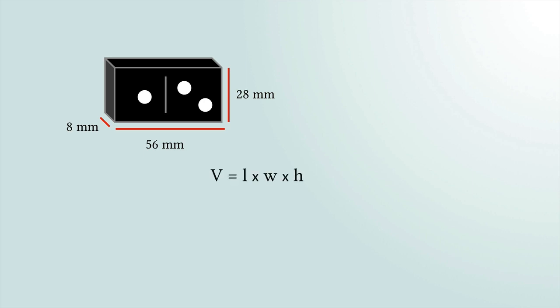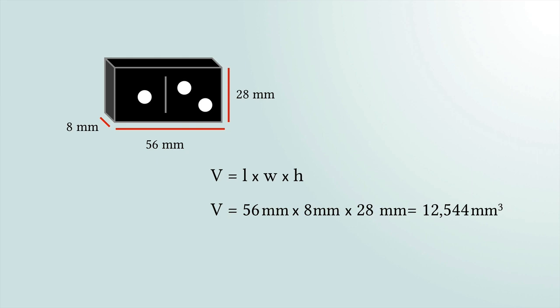Say you measure a domino to be 56 millimeters long, 8 millimeters wide, and 28 millimeters in height. Volume measurements for box-shaped items are length times width times height. So we multiply the numbers 56 times 8 times 28 and get 12,544. The units are also multiplied to be millimeters times millimeters times millimeters, so we get millimeters cubed, or cubic millimeters.